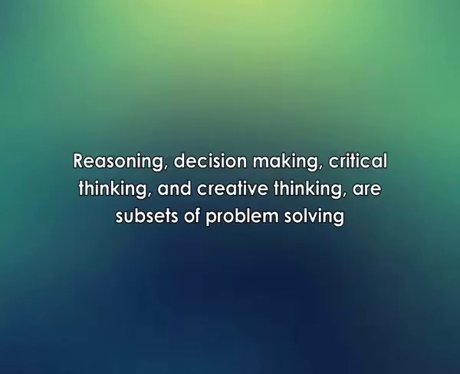Reasoning, decision making, critical thinking, and creative thinking are subsets of problem solving. Reasoning refers to problem solving with a specific task in which the goal is to draw a conclusion from premises using logical rules based on deduction or induction.